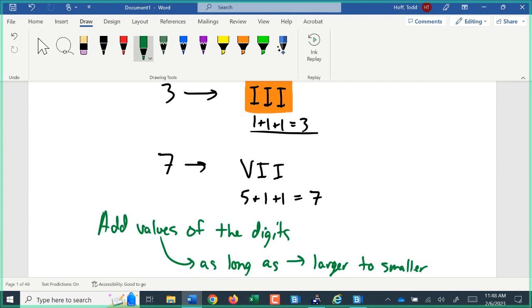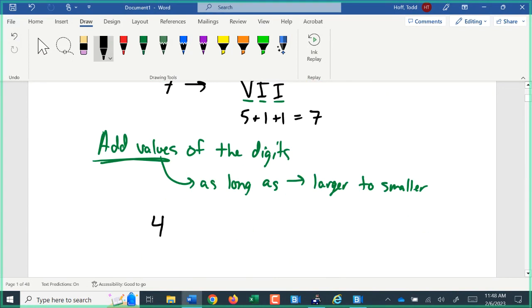So if we look through these, V is 5 and then I is 1. The larger digit is first, followed by smaller digits. So we never have a smaller digit in front of a larger digit. So that'll mean it'll always be additive, adding the values.